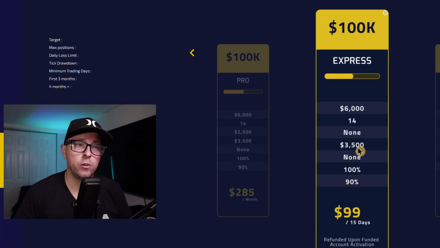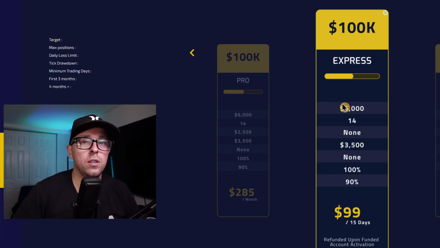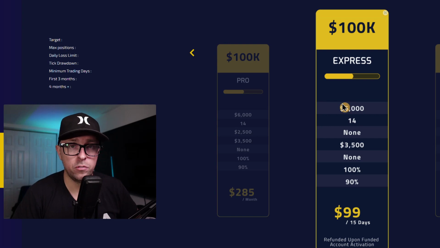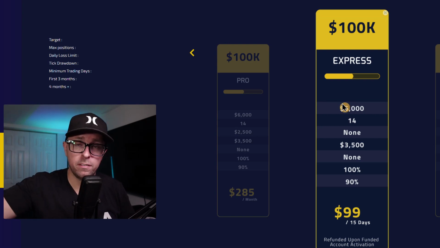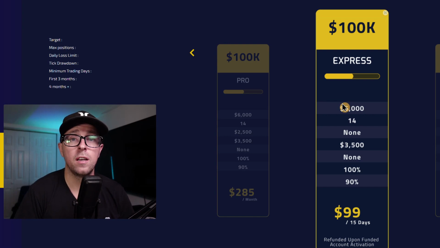If you could lose $3,500 on a trailing drawdown, and you are up $3,500 unrealized and you're looking to get to 6,000 and you're just going all in one trade, you lose 3,500 from that unrealized, right? So you're up 3,500 and it goes down to zero, you actually fail right there because you went from 3,500 to zero, which is a 3,500 trailing drawdown, and you end up losing.